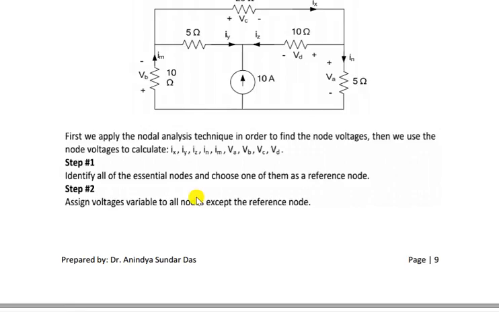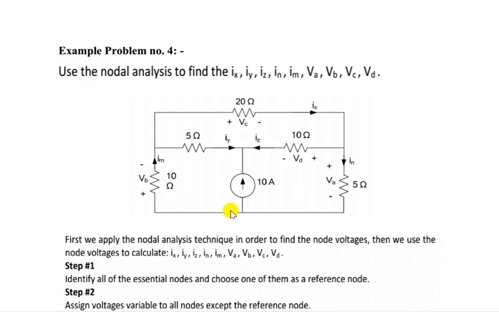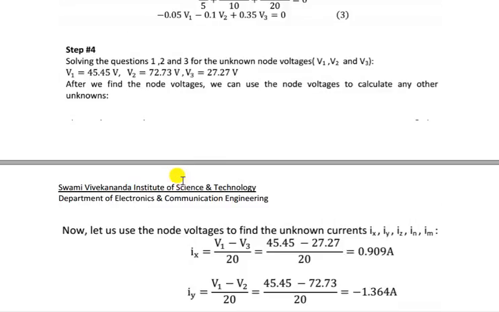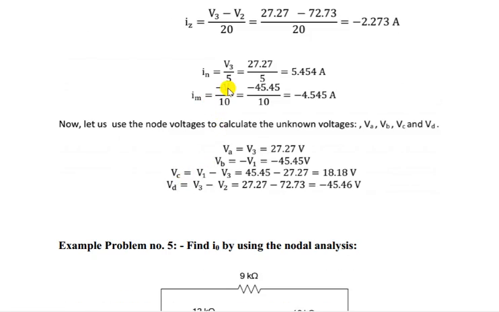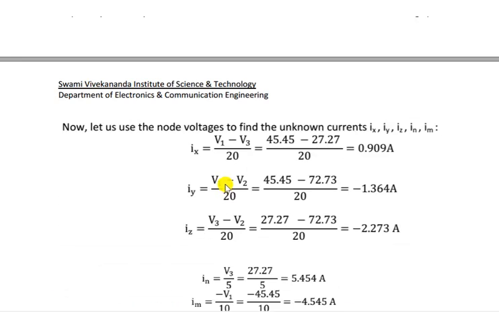And for Im, the direction is upward, so Im equals 0 minus V1 divided by 10, which is minus V1 divided by 10.